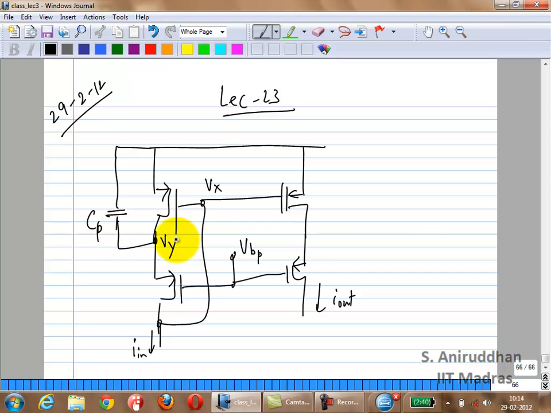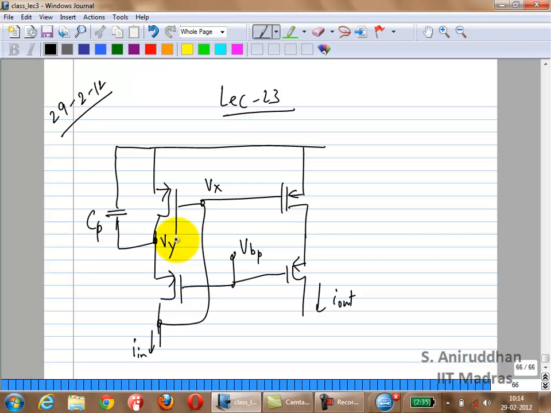It is actually just Vy. This node is signal ground. But there is going to be an output impedance here, and there is going to be a GM. So definitely the current through this transistor is going to be a function of Vy.